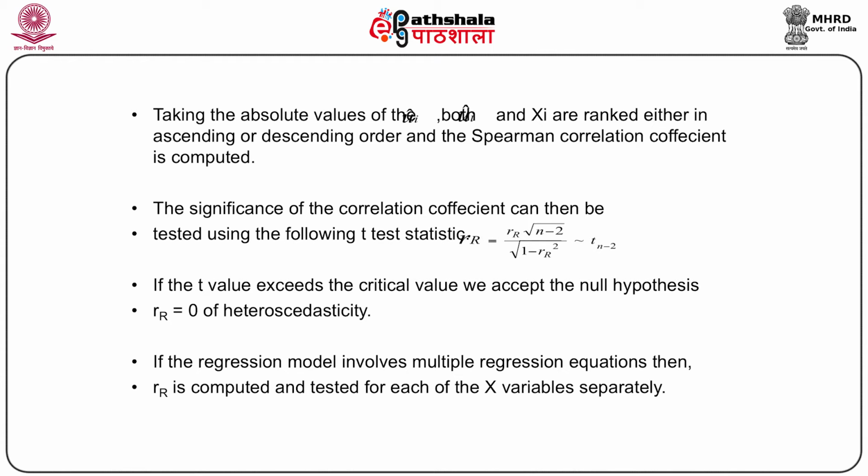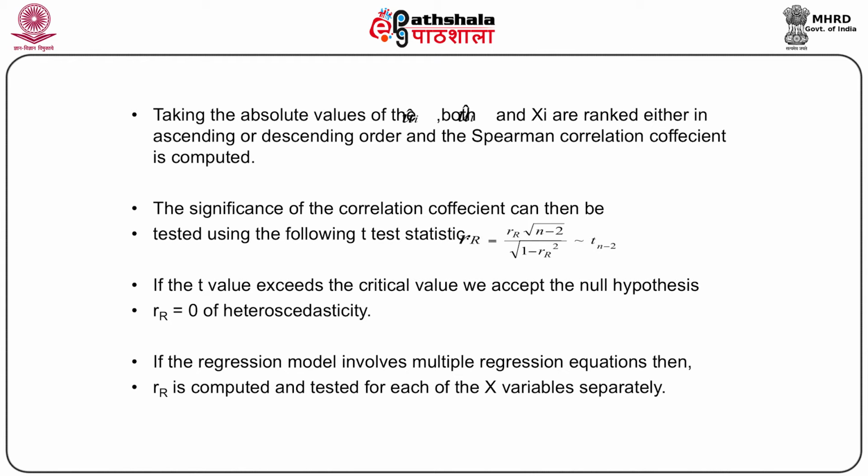The significance of the correlation coefficient can then be tested using the following t test statistic, where t equals Spearman rank correlation coefficient r times square root of n minus 2 divided by square root of 1 minus r square. This t statistic follows a t distribution with n minus 2 degrees of freedom.